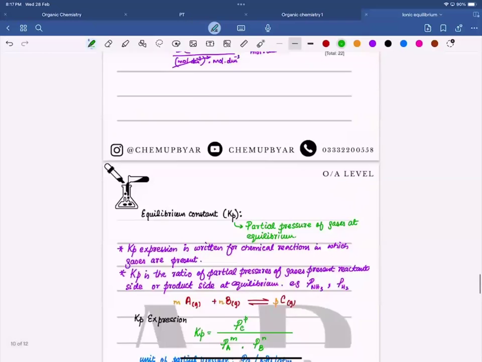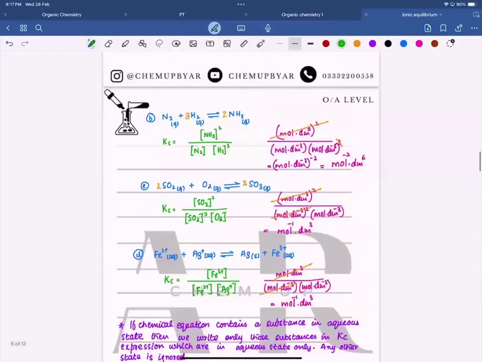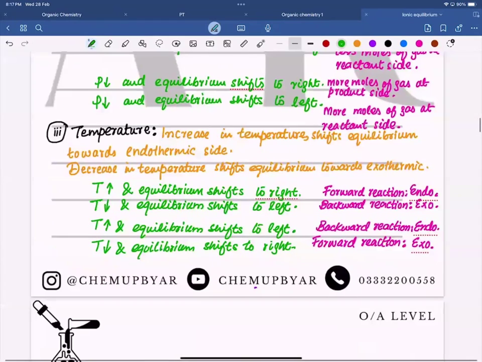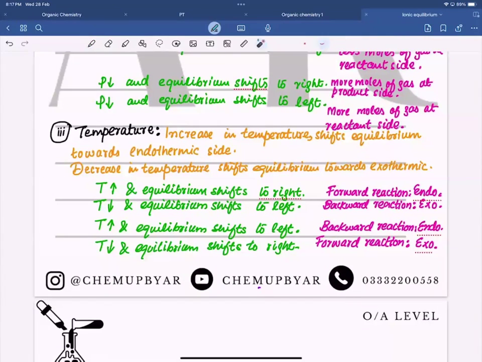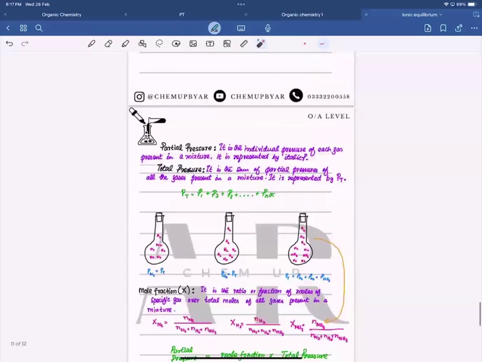Don't just guess. If you don't remember, just look over here. We have discussed it earlier in this chapter. See over here. If the forward reaction is endothermic, then equilibrium shifts towards the right. And if equilibrium shifts towards the right, will the product form in a greater amount or in a lesser amount?